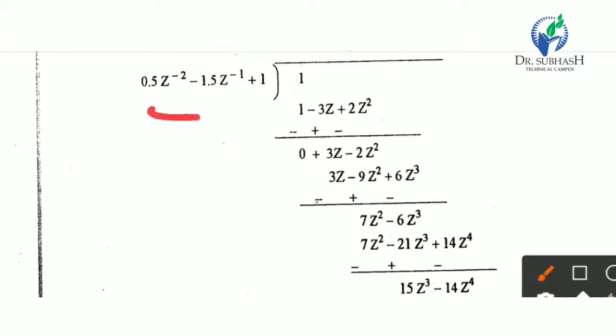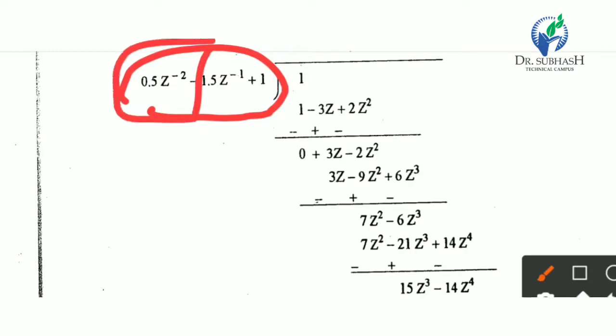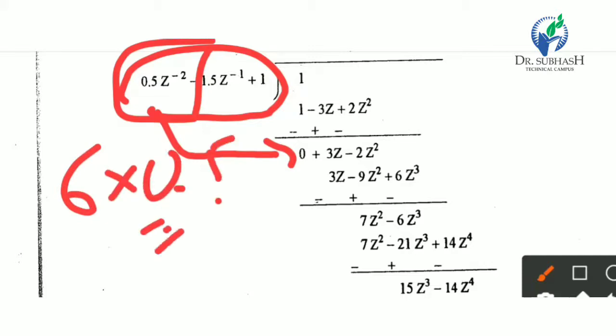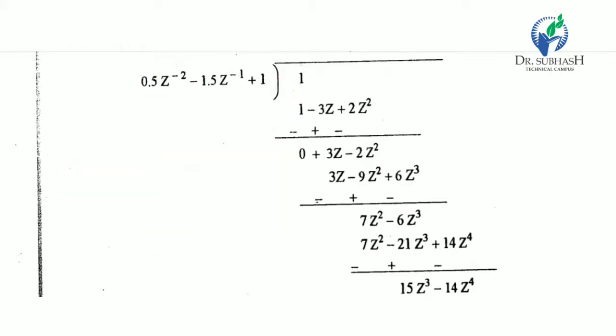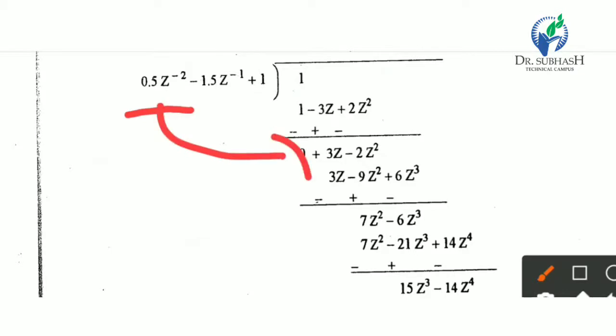We have to make 0.5z's inverse become 3z. So we must multiply 0.5 with the 6, multiply with the 0.5, so it becomes 3, and z raised to minus 2 multiplied with the z cube becomes z.